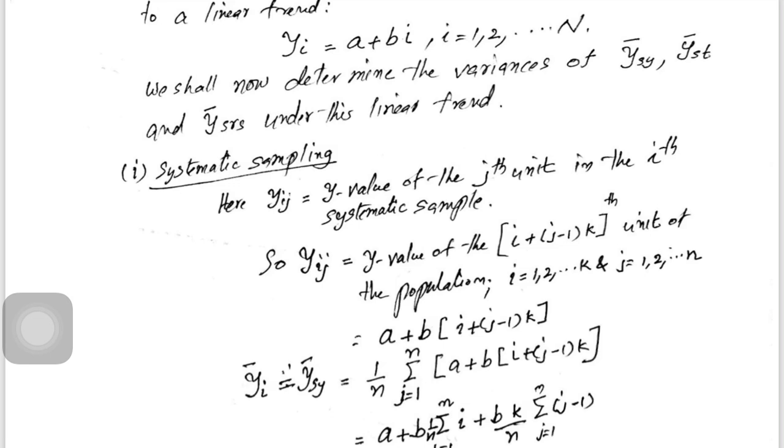So now go to the annexure for justifying this step: yij is equal to a plus b into (i plus j minus 1 into k). I think this is not very easy for you to perceive, and to make it simple, we will refer to that annexure.